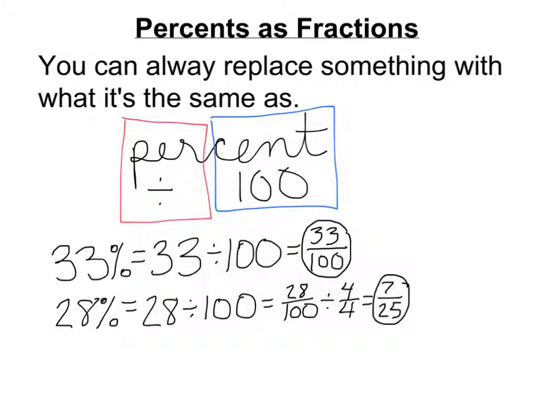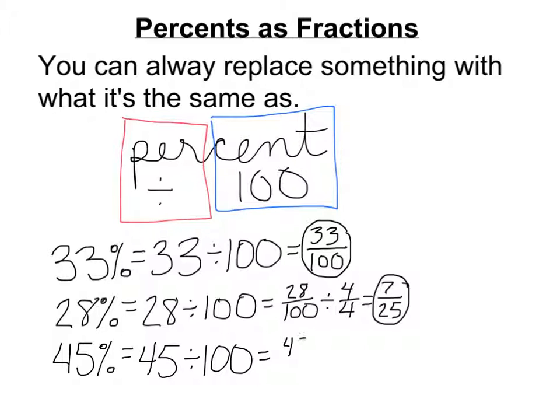And let's do one last example. 45%. So 45 stays 45. Percent gets replaced with 100. Now we can rewrite our division problem as a fraction, which would be 45 over 100.